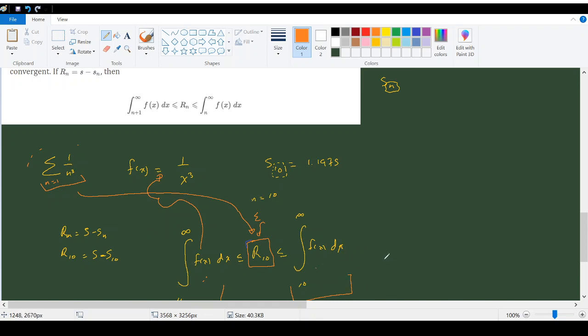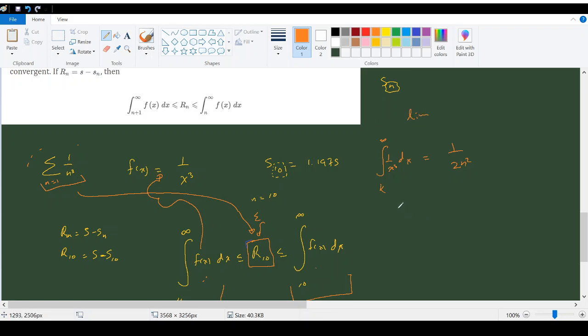Okay, and then by computing this improper integral, if we compute it in general for a general k, this integral will be equal to 1 over 2n squared. You just have to do it through a limit.